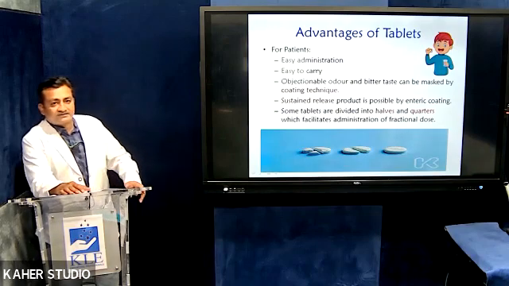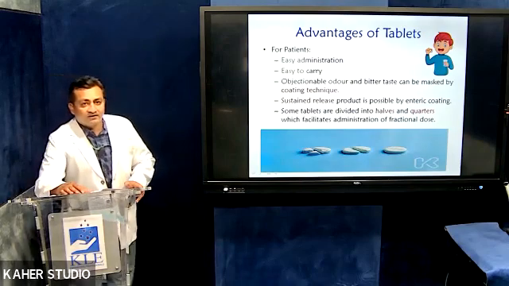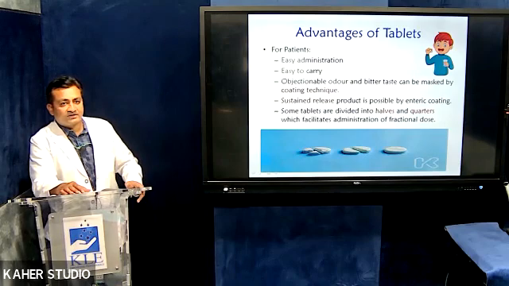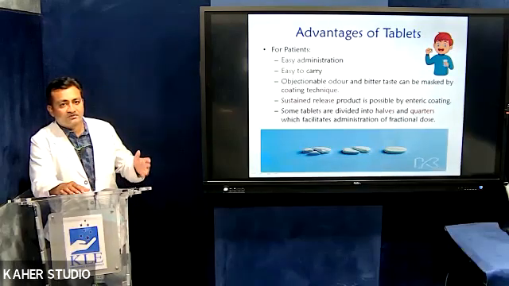In tablets, the odor or bitter taste can be masked by coating techniques. Once the tablet is manufactured, or if the drug or excipients are bitter in taste, it can be coated and we can mask the bitter taste and odor of the tablet.